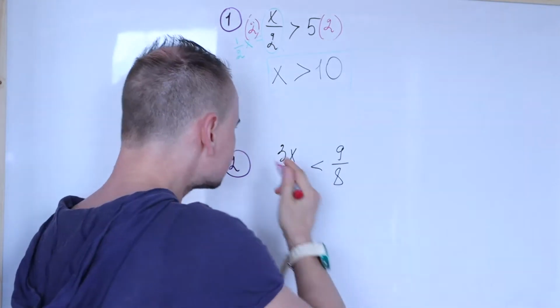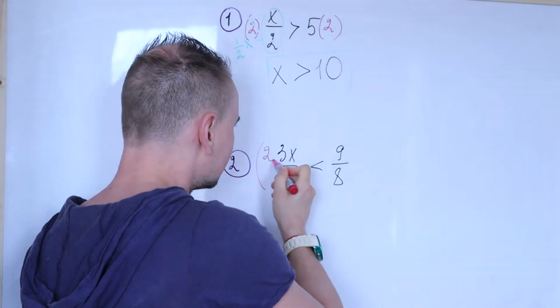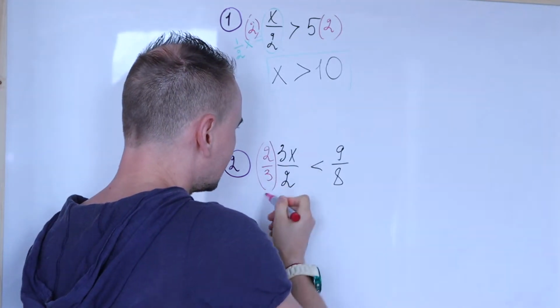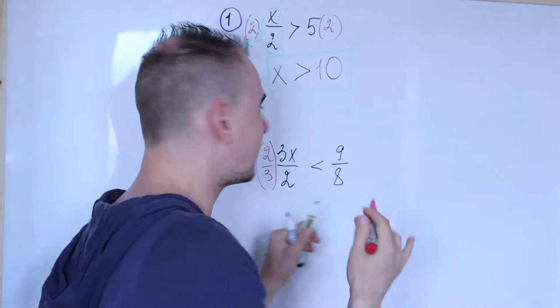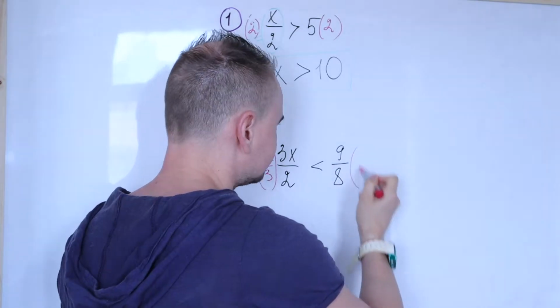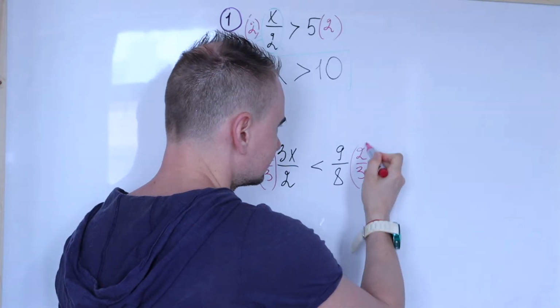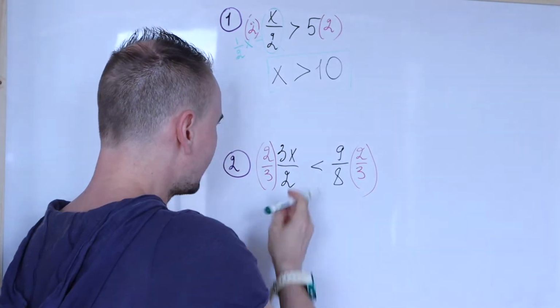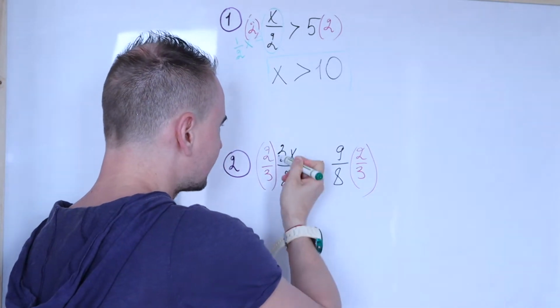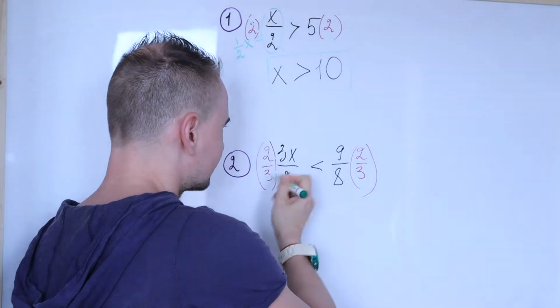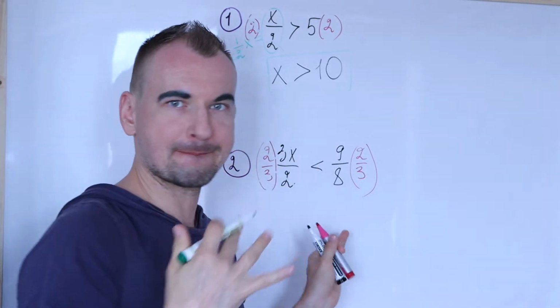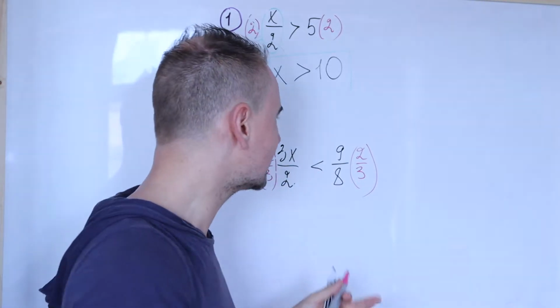So both sides get multiplied by 2 over 3. And over here, we clear off, so x is alone on this side.